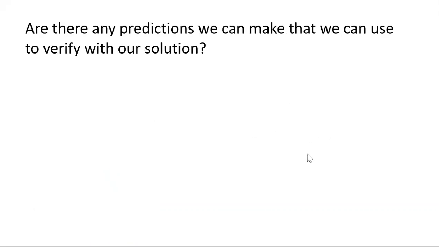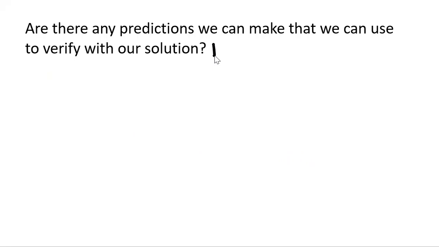Also, prior to actually solving the problem, sometimes it's great to look at the information they give us and try to reason out what our answer should look like. Sometimes we can come up with a prediction for our result, and after solving the problem, if our result agrees with our prediction, then we can feel pretty confident with our answer. So I'm going to give you two predictions.